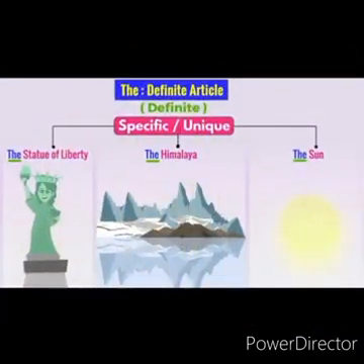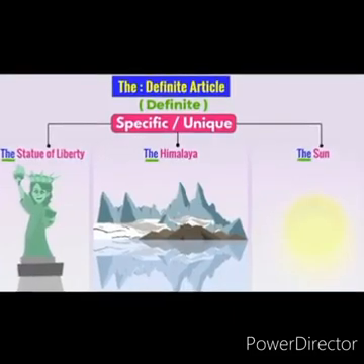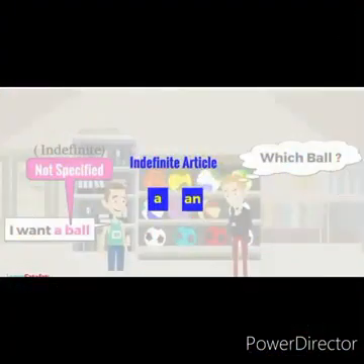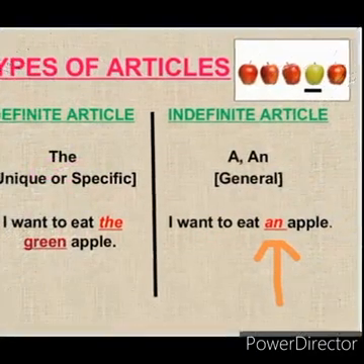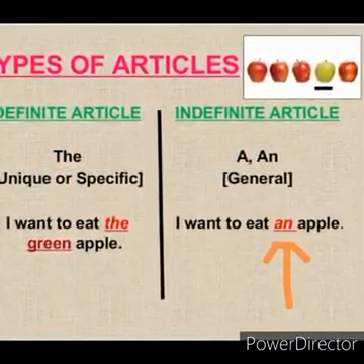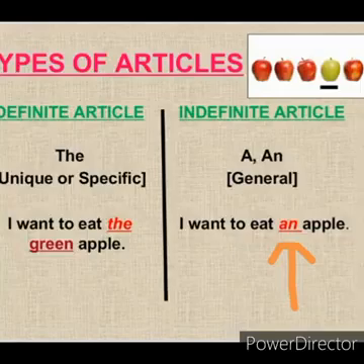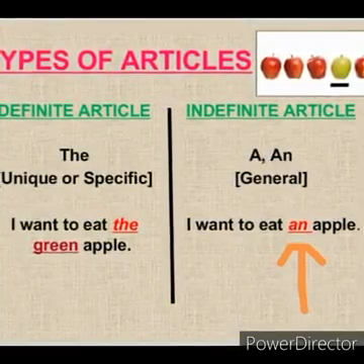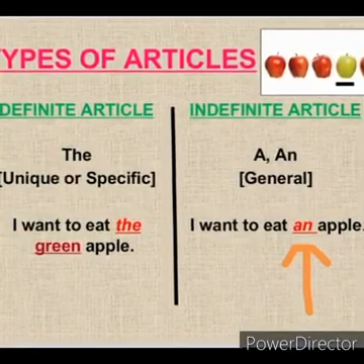Therefore, definite article the is used to point out specific things, and indefinite articles a and an are used to point out general things. Now, in the above example, you can also notice that we have used article an and not article a for pointing out the general apple.